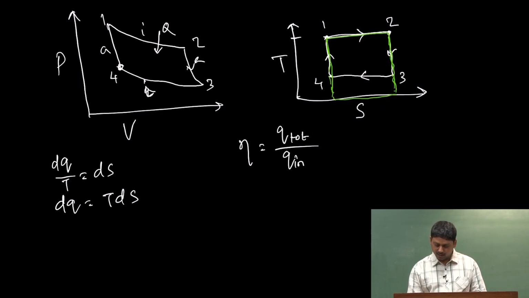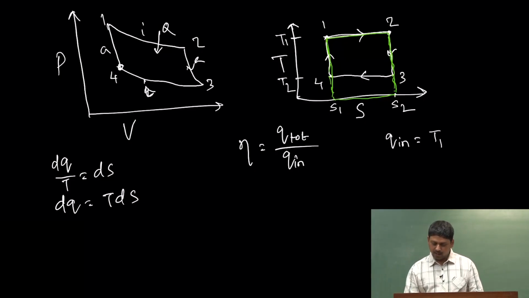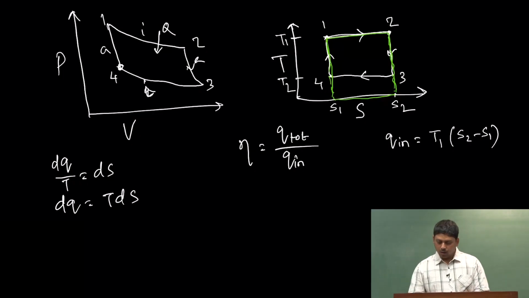Let us say this temperature is T1, this temperature is T2, this is entropy S1 and this is S2. Then our Q in is going to be T1 multiplied by S2 minus S1. It is a positive quantity, as S2 is greater than S1. Now we have to do Q tot, which is Q in plus Q out.